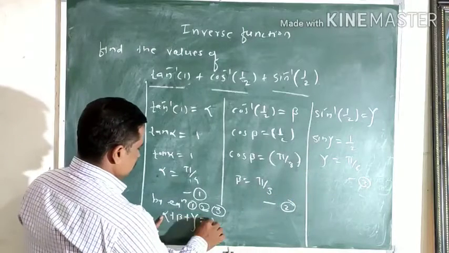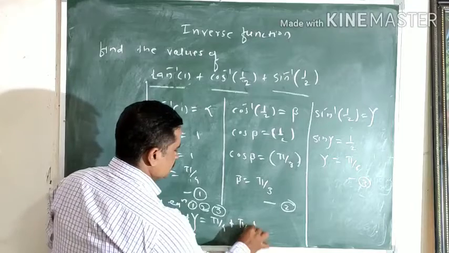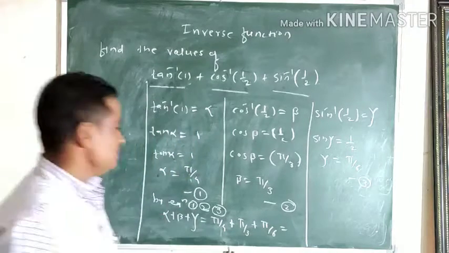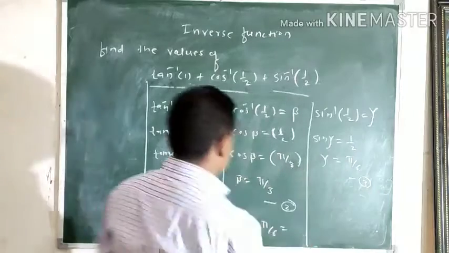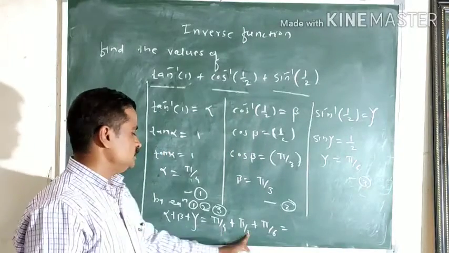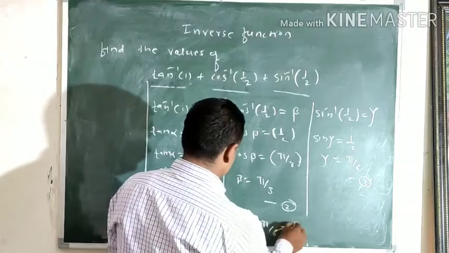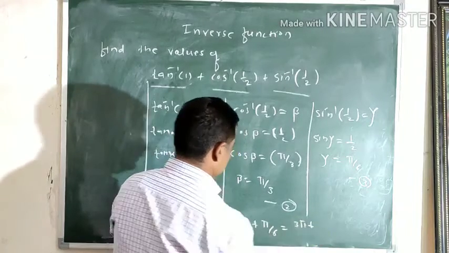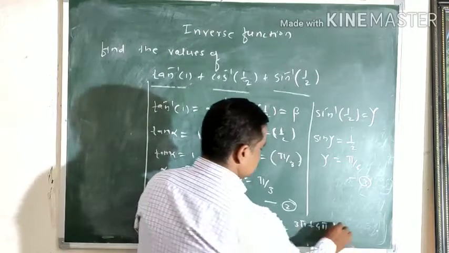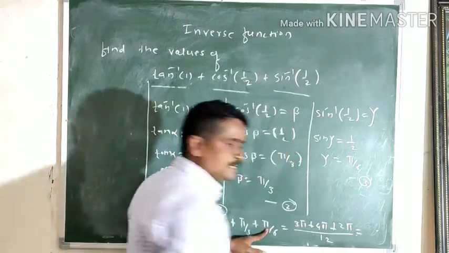So we add equations 1, 2 and 3: pi by 4 plus pi by 3 plus pi by 6. Taking the LCM of 4, 3 and 6, it is 12.